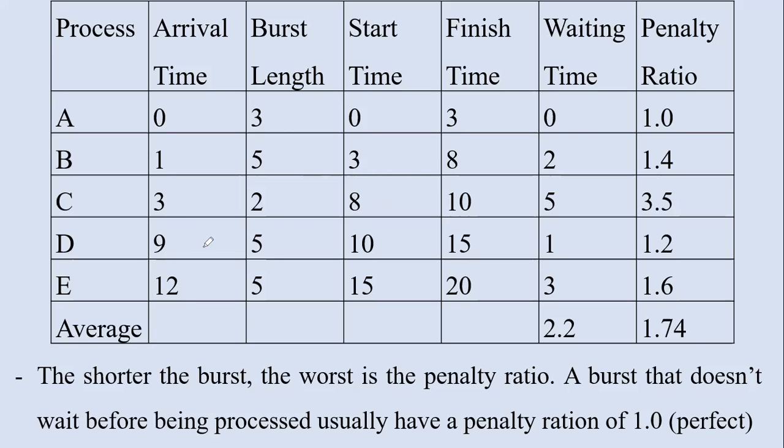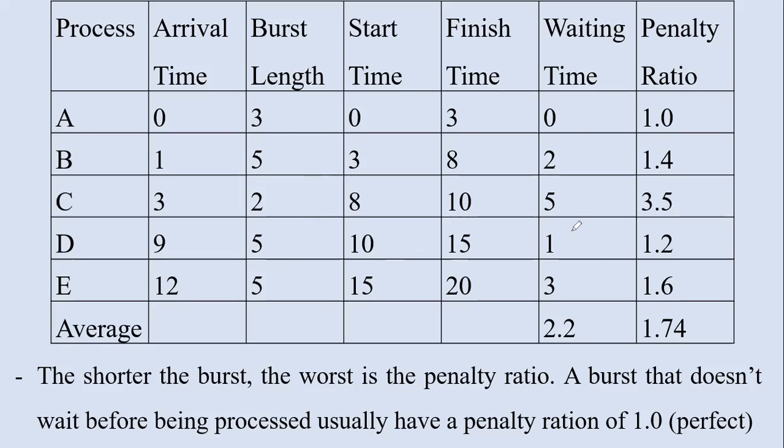Then process D arrives at time 9. It has a burst of 5. It will start being processed once process C is completed. Therefore, the finishing time will be 15, because the finishing time is equal to the starting time plus the burst time.